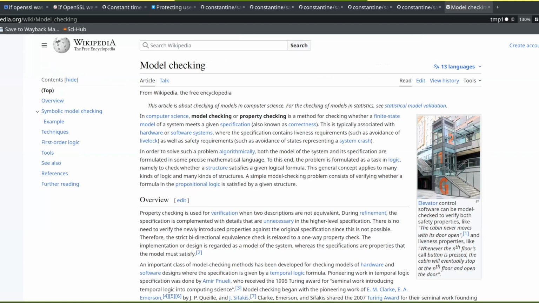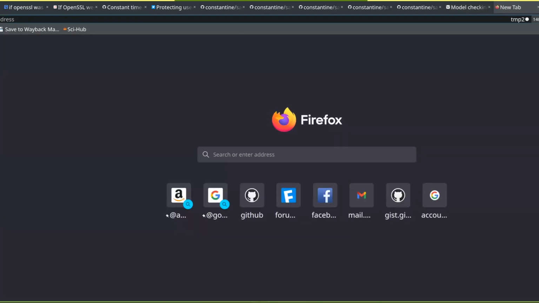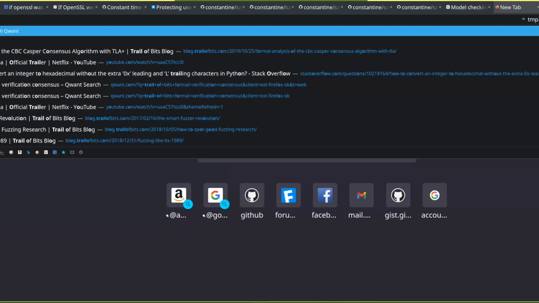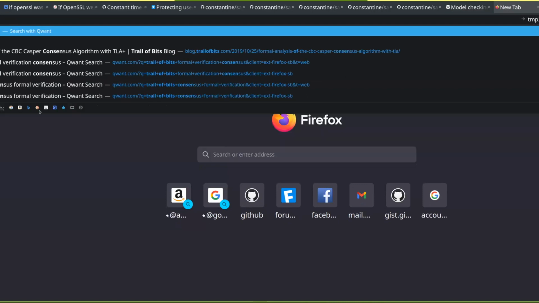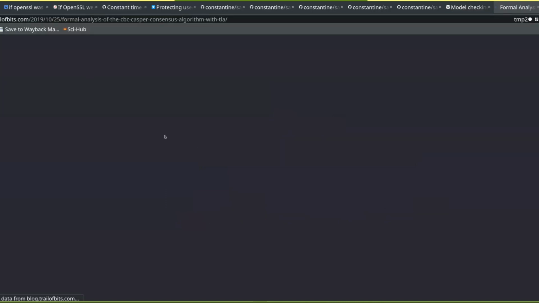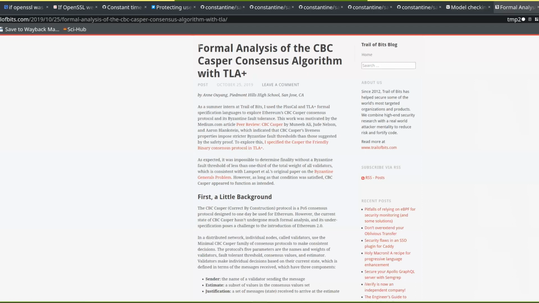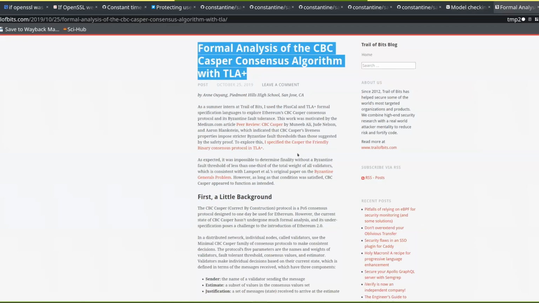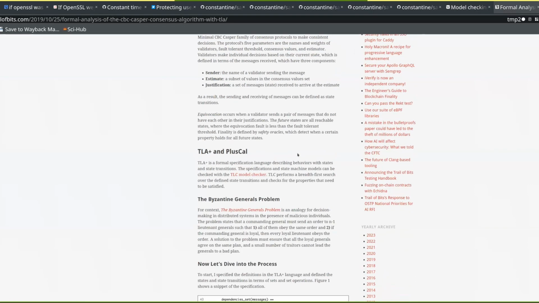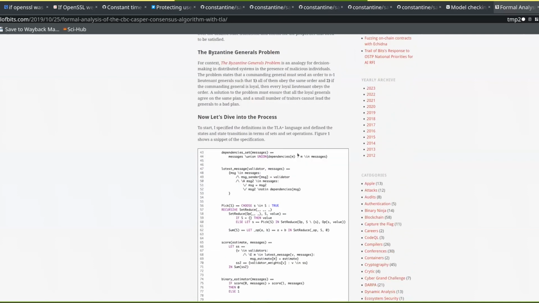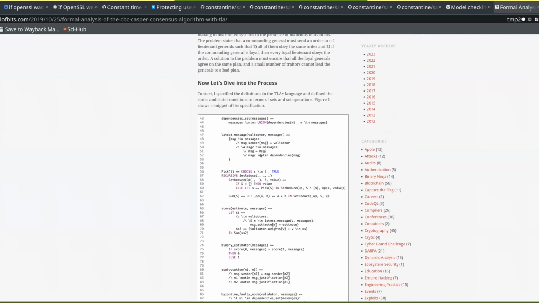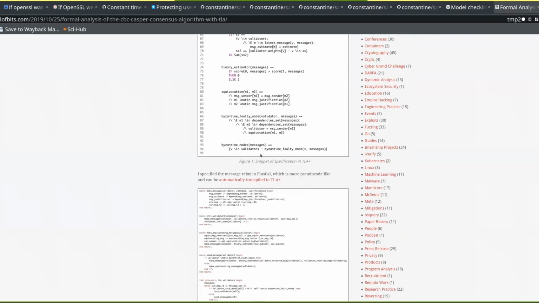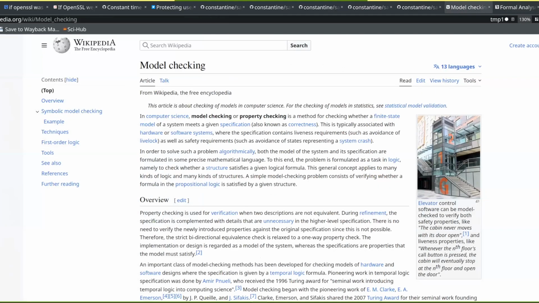This has been used by 12 bits, an auditor, for checking the Ethereum consensus. You can read this formal analysis of the Casper consensus algorithm with TLA+. I've used it personally for my own multi-threading runtime to ensure that there is no bug in my queuing algorithm. And so this is the ugly one. It's like using a bazooka and trying to check everything.